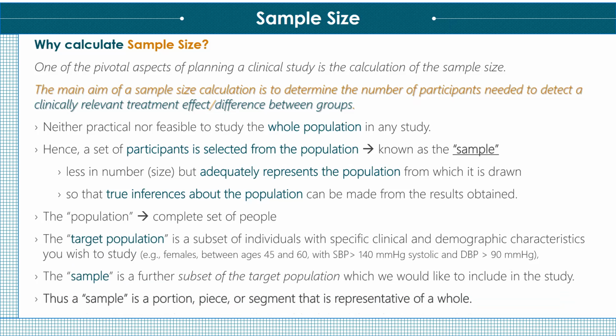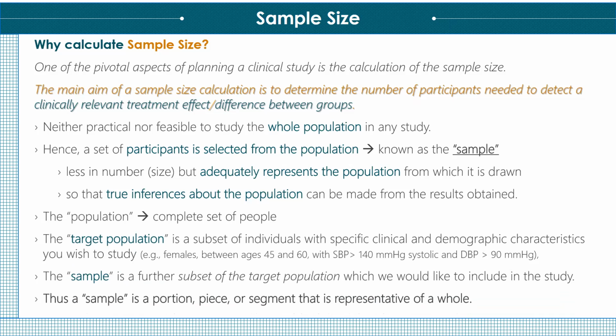So in a statistical context, the population is defined as the complete set of people or individuals, the target population. And they are a subset of individuals with specific clinical and demographic characteristics in whom you want to study your intervention.